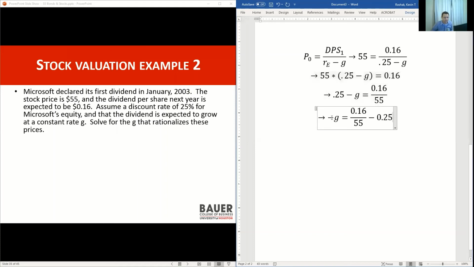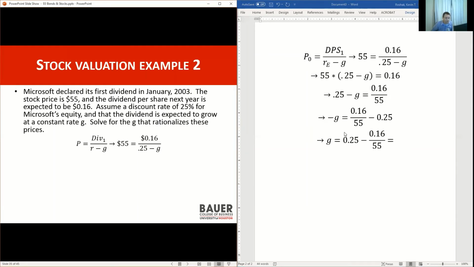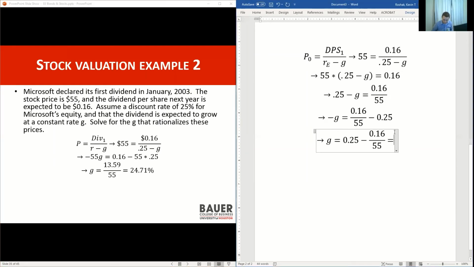And the last thing I need to do is get rid of this negative sign. So I'm going to multiply both sides by -1. That's going to give me G is equal to 0.25 minus 0.16 divided by 55. That works out to be about 24.71%.